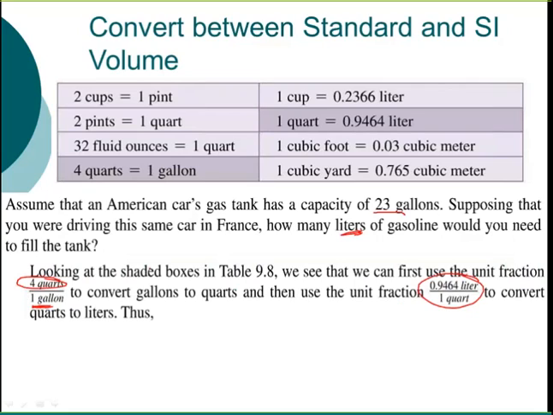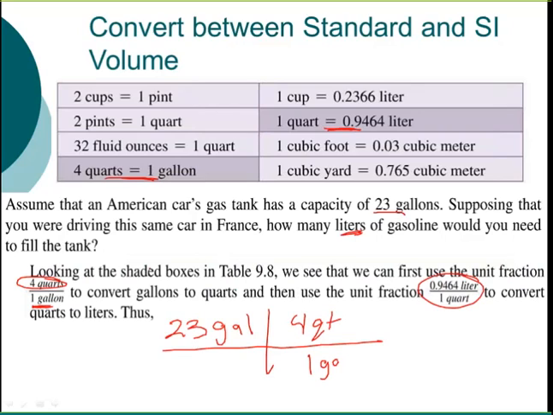So we want to use this box and this box that are highlighted for us. And so we set up our 23 gallons. We need gallons to cancel. So we multiply it by 4 quarts and divide that by our 1 gallon. And then we're going to be left over with quarts.